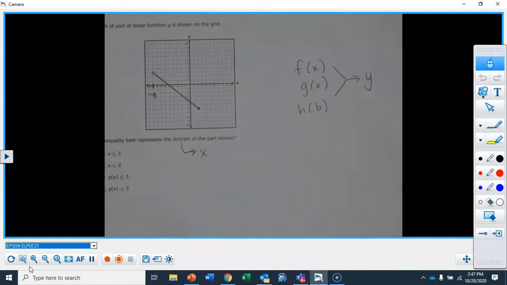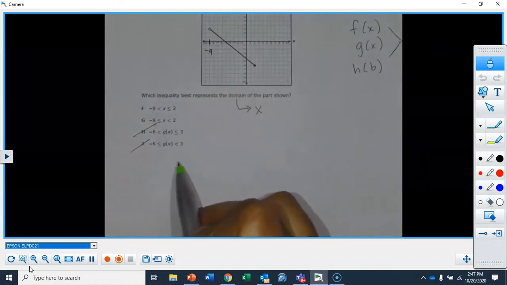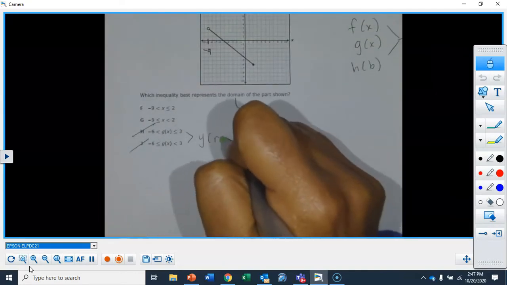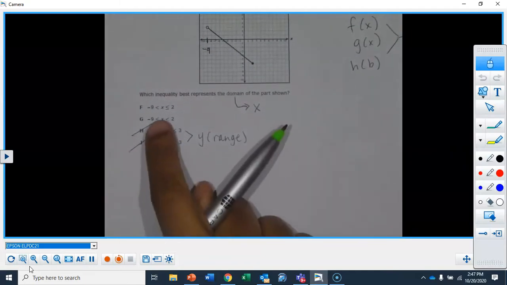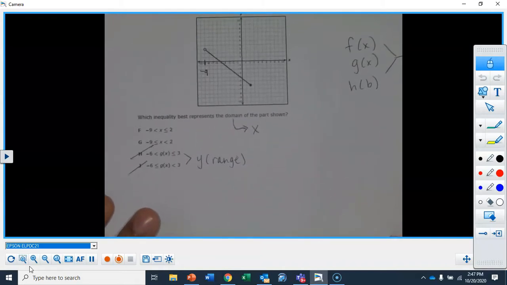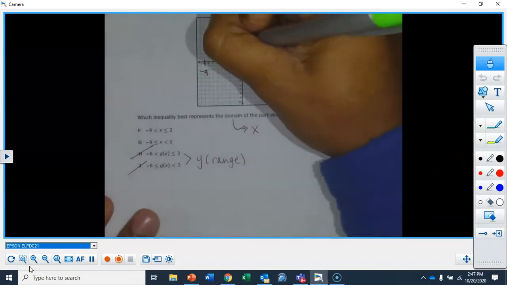That means H and J, you don't want these two because they're talking about range. So we cancel these out because we're talking about y, which are our range values. We have to look at just F and G because again, it has an x, okay? All right, so when I look at this, I notice that my x value, there's a -9, okay? Also, here's another thing I showed you guys.